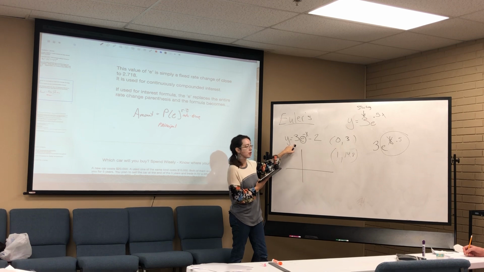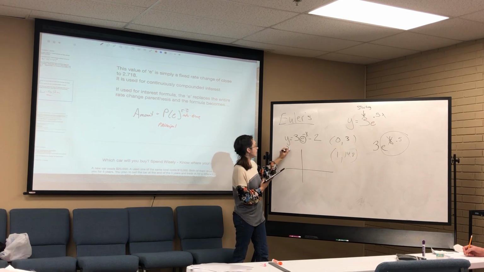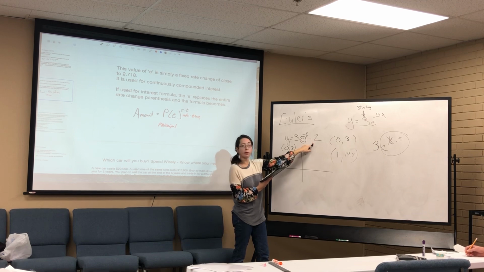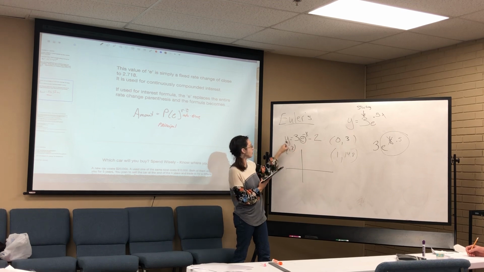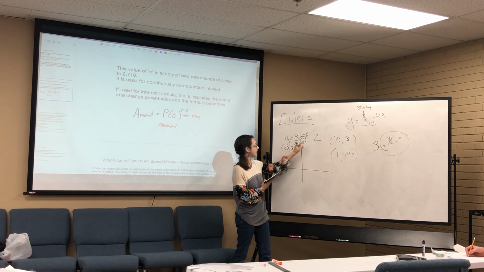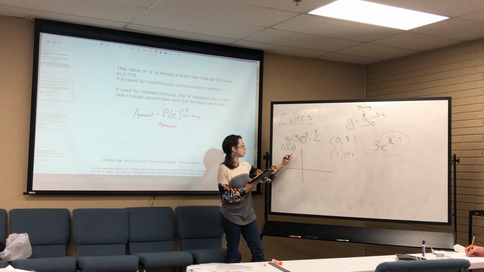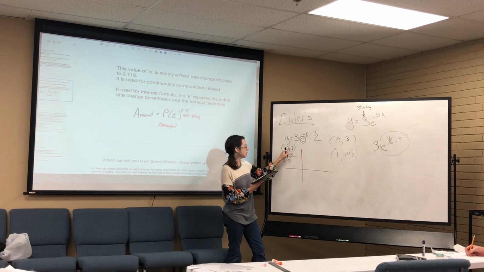Well, initially we're starting at 0, 3, correct? But we've shifted our graph by what? 2 along the y-axis. So wherever we started, I'm going to shift. This is a k value. So I'm going to do -2. So I'm not starting at 0, 3. I'm really starting at 0, 3 minus 2, which is 0, 1.